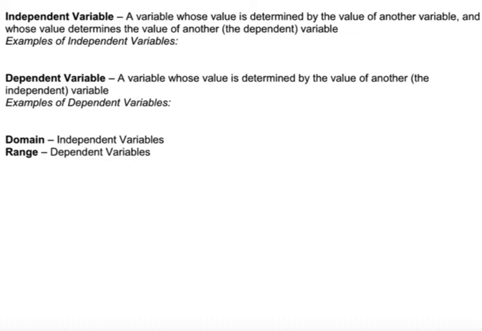So here we go. We're going to talk about independent and dependent variables. An independent variable is a variable whose value is not determined by another variable, and whose value determines the value of another variable. Time is an example; no matter what, time is always going to be an independent variable.